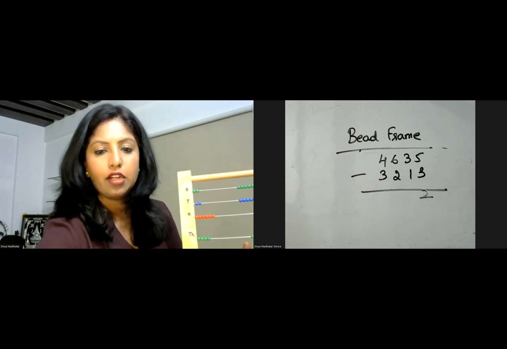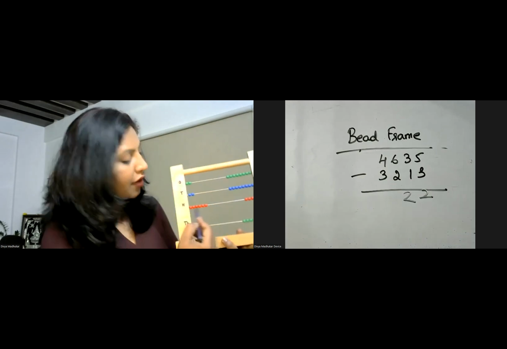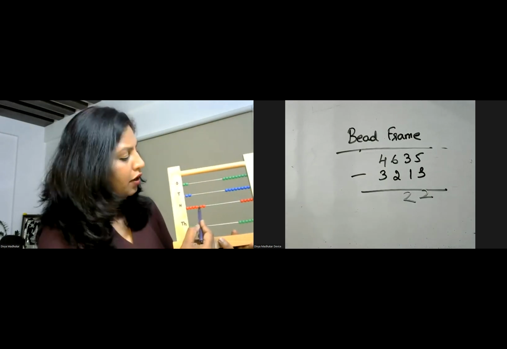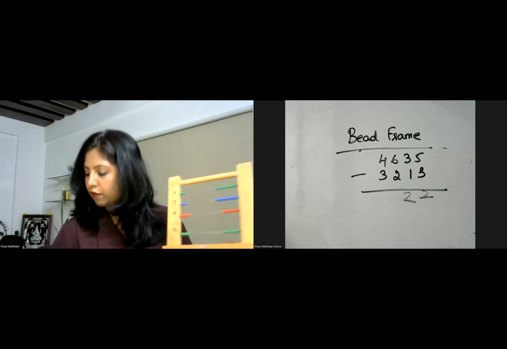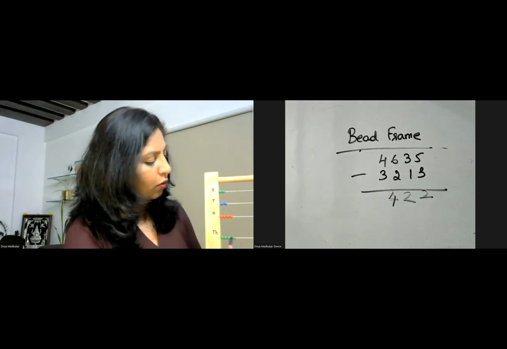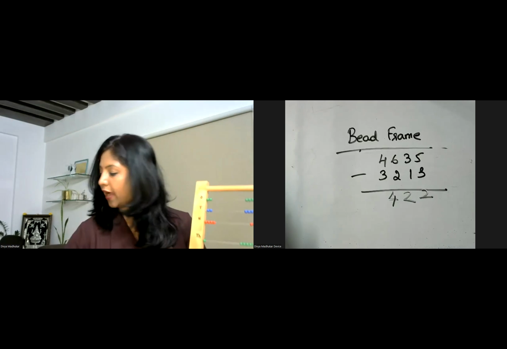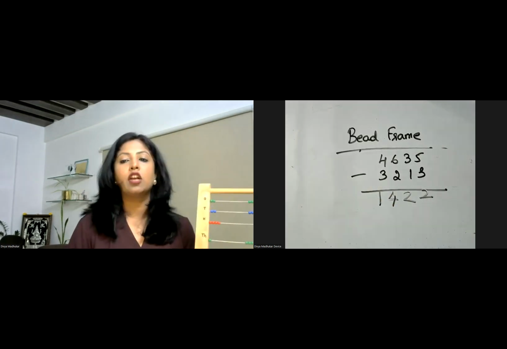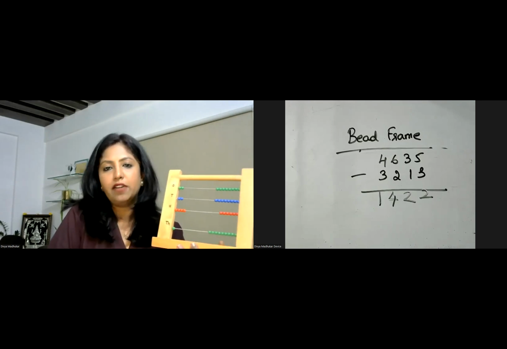I have my 2 tens. I have my 600s. How many hundreds do I have to take away? 200s. So how much is remaining? 400s are remaining. I have 4,000s; 1,000, 2,000, 3,000 I have to take away. So I have my 1,000. So this is our subtraction using our small bead frame.